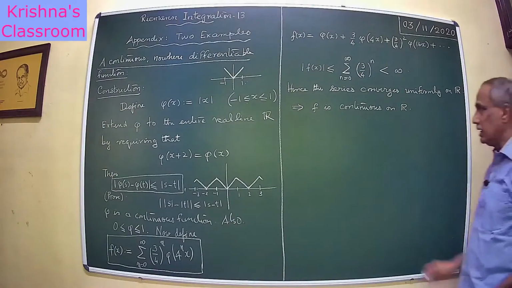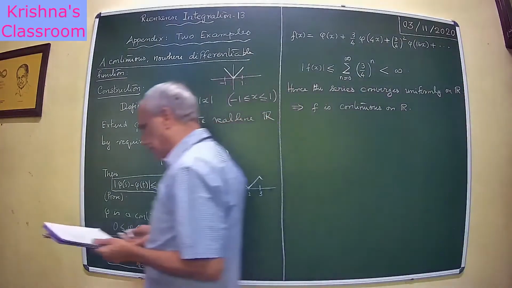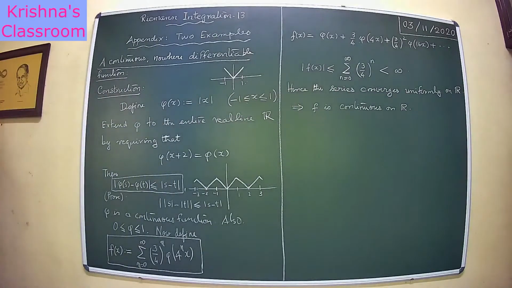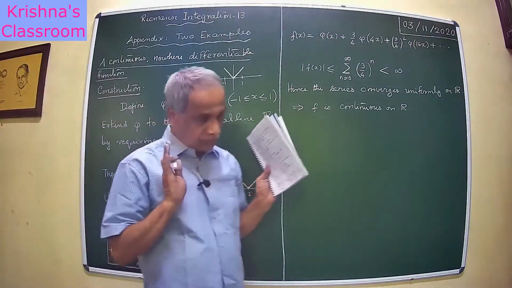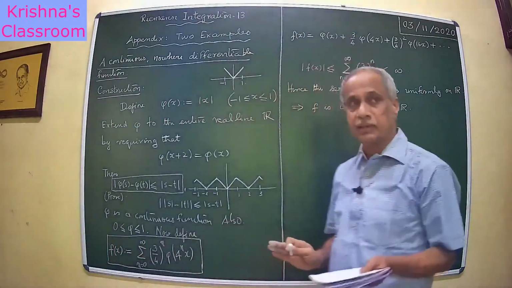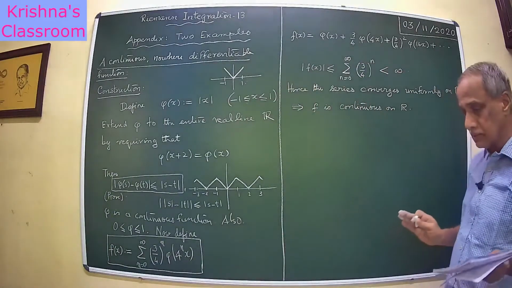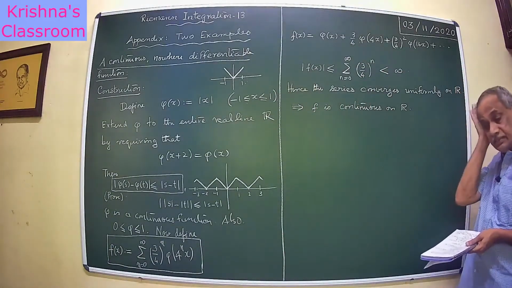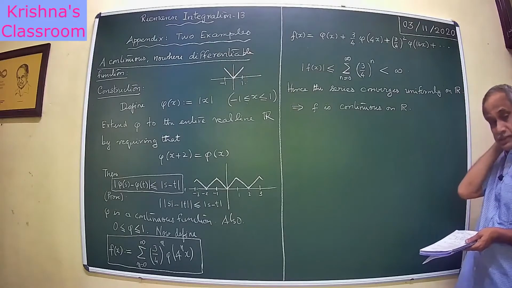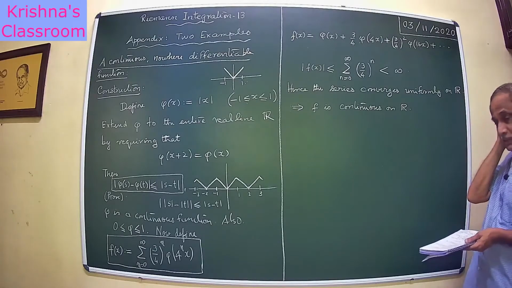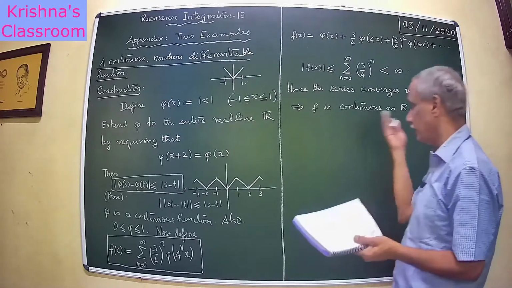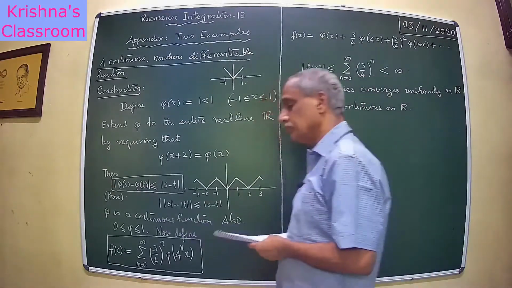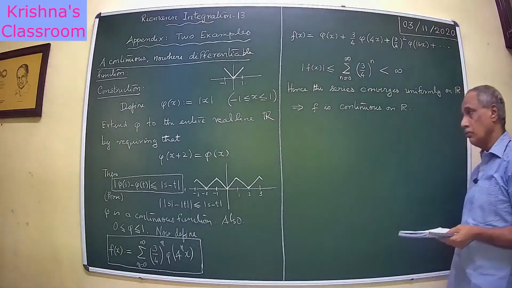So that is the first part of it. We have constructed a function described in terms of a uniformly convergent series of continuous functions, and therefore it's a continuous function defined on the whole of R.